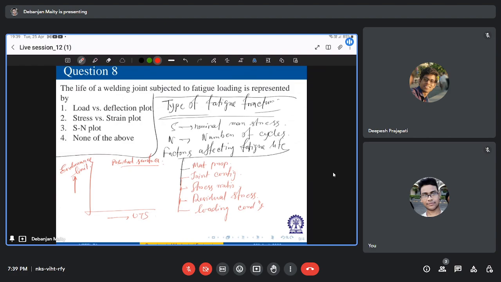And when you have a notched specimen or a corroded specimen, in those cases the fatigue property of the material will change, and this is shown for steel. Normally it is mostly seen that material properties affect the fatigue behavior of the material, right?